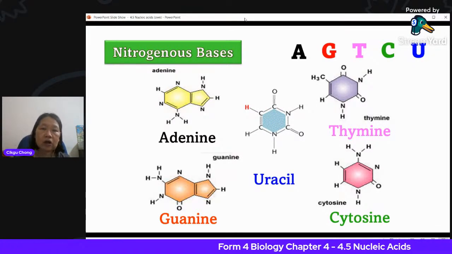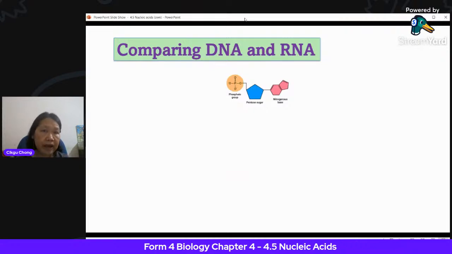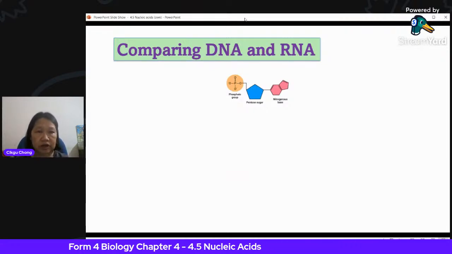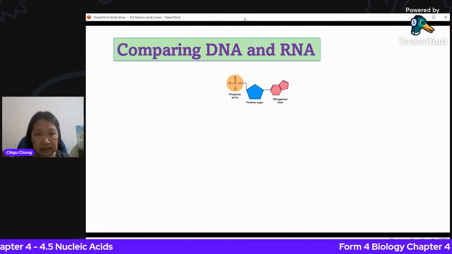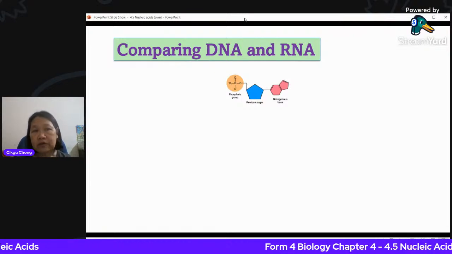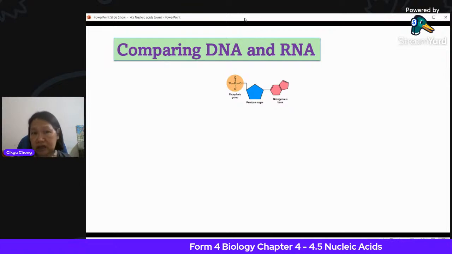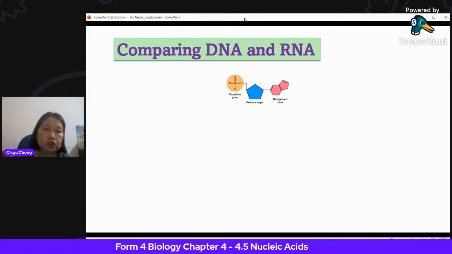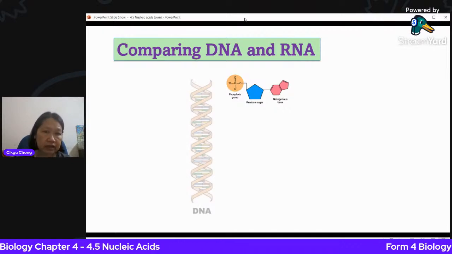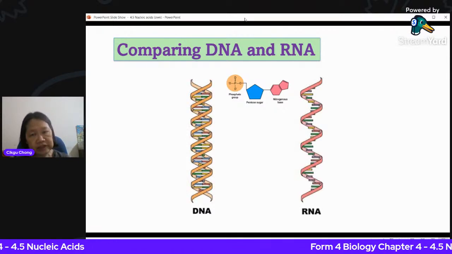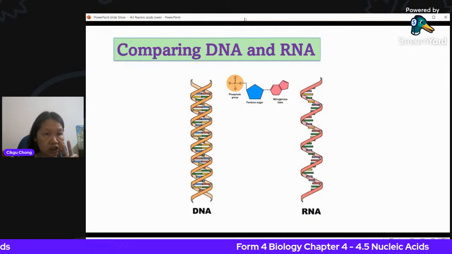Now let's compare the DNA and RNA. Comparing means you must talk about the similarities and differences. Both DNA and RNA are made up of nucleotides. Both will have this basic unit of nucleotide. You can see the difference here. Look at the strand.